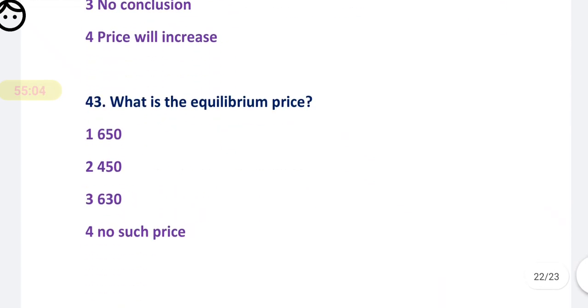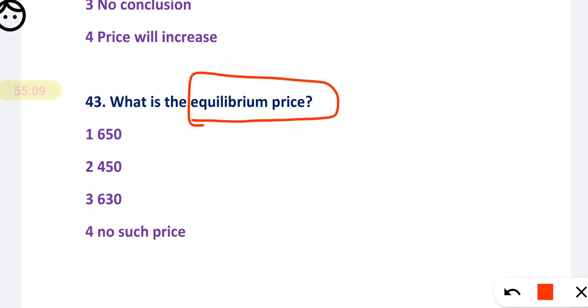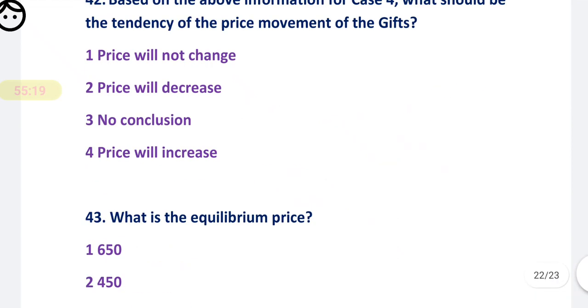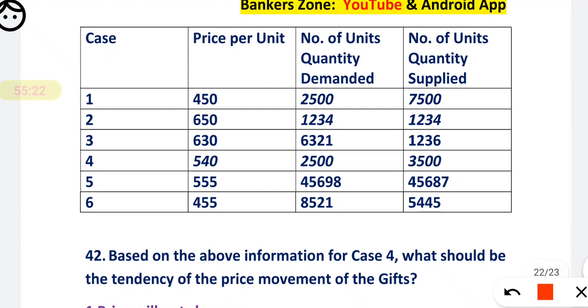Now question 43 on the same table, they are asking what is the equilibrium price. So friends, what is the equilibrium price? The price where your demand is equal to supply. Where demand is equal to supply, that price is called the equilibrium price. Okay, now see, just find in the table where your demand is equal to supply. See here, you can observe your demand is equal to supply.